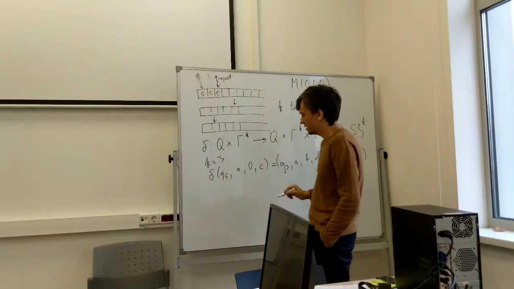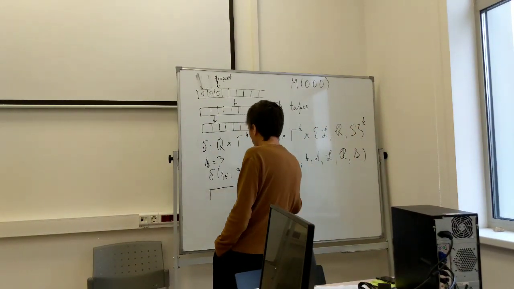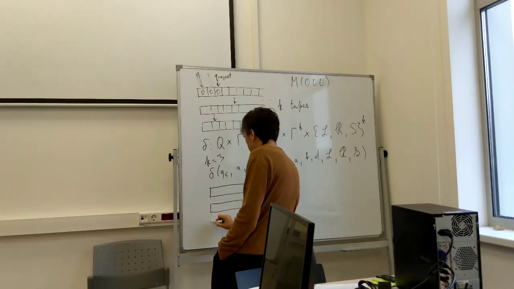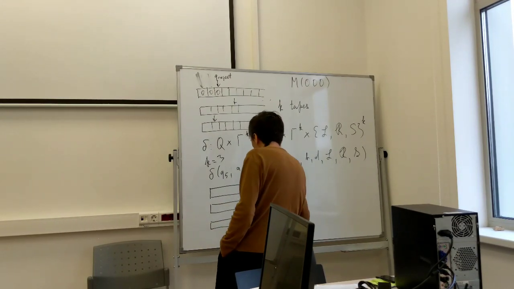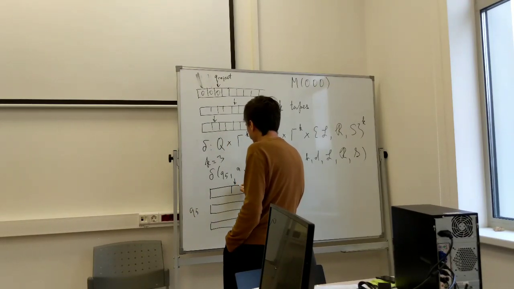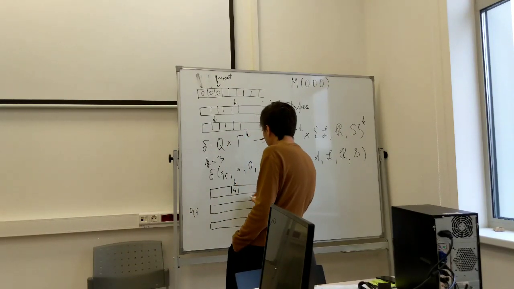And this would mean that we have 3 tapes. The state is q5. Here we're looking at symbol A. Here we see 0.